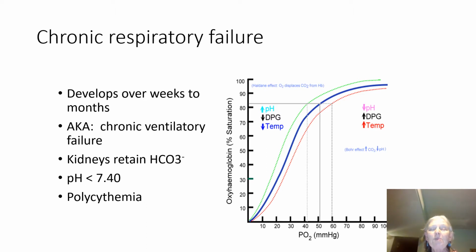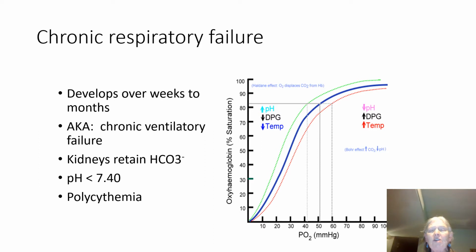But with chronic respiratory failure, this has been going on for a while. The kidneys are going to retain the bicarb. You also have to think, though, that there's only so much bicarb the body can retain. Remember, it's not a major storehouse. It has to hold on to what it needs, and that's basically what we're looking at.